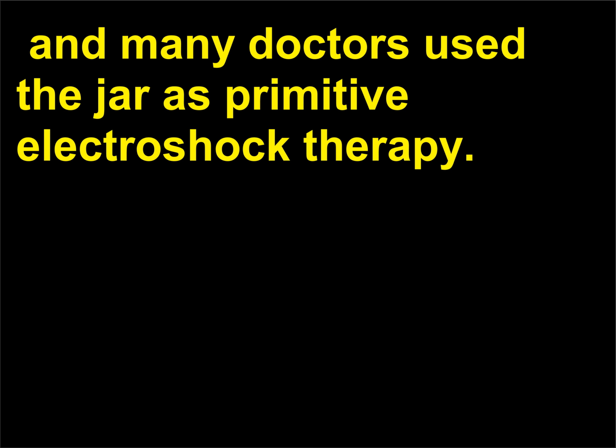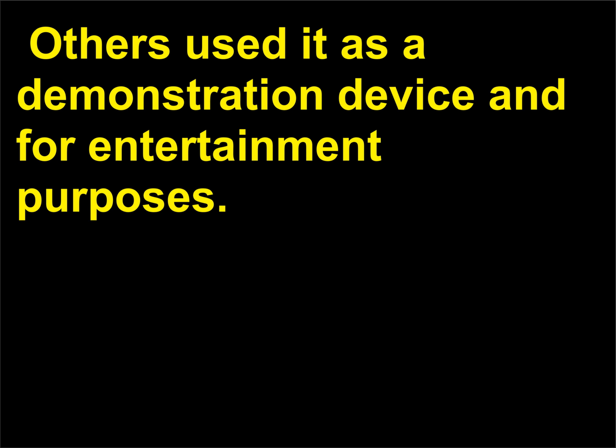Some felt that it could cure medical ailments, and many doctors used the jar as primitive electroshock therapy. Others used it as a demonstration device and for entertainment purposes. Still more people felt that it could be used in cooking. Try cooking a turkey with an electrical spark.